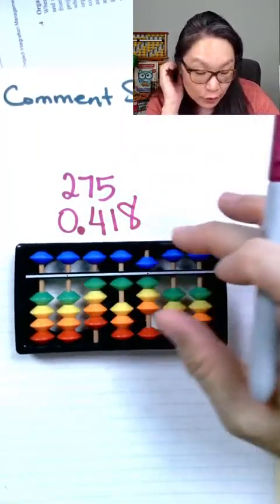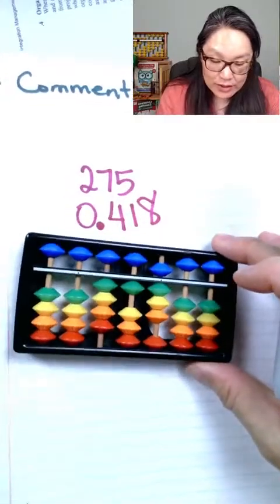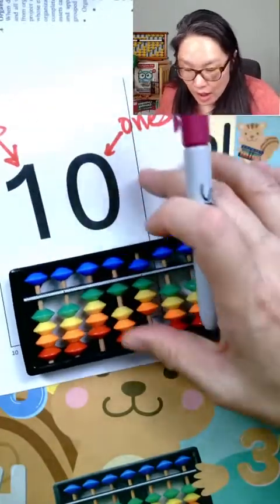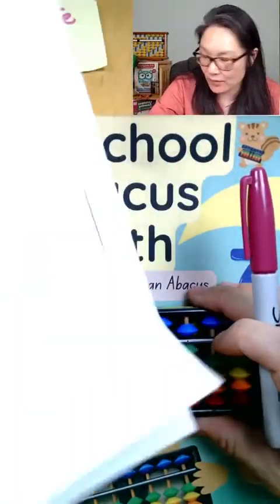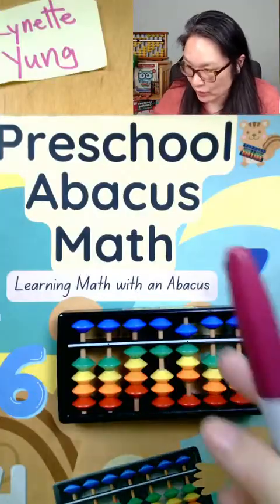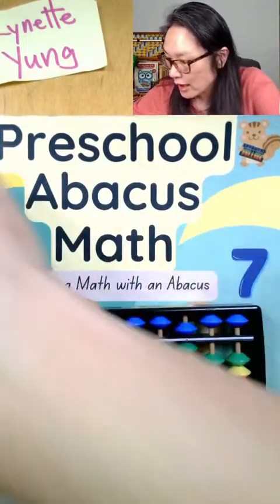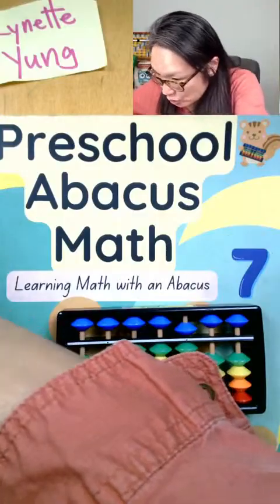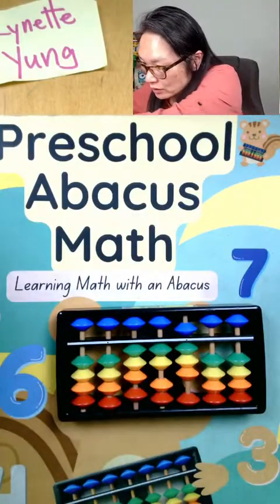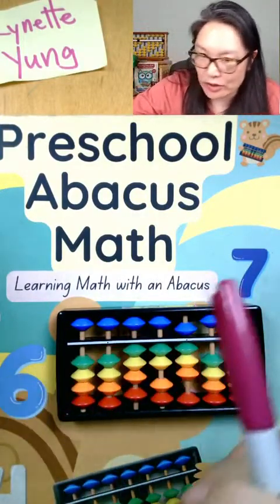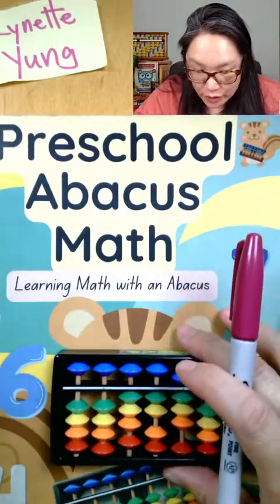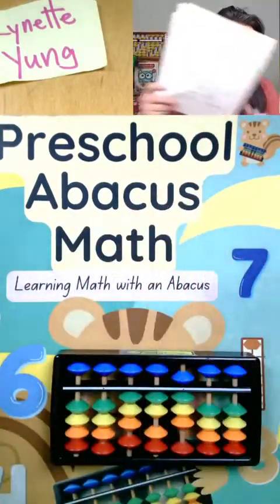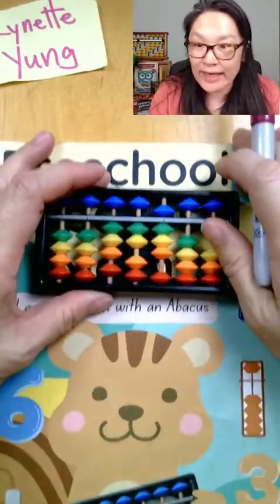Now we understand how to read the abacus. The next thing would be to figure out how to add and subtract. Now, the one thing I did was I do have a book for preschoolers. And the reason why I did this is because I noticed in the abacus world, we kind of neglect the preschoolers. And what I wanted to do is introduce abacus to preschoolers so they know how to count from the get-go.